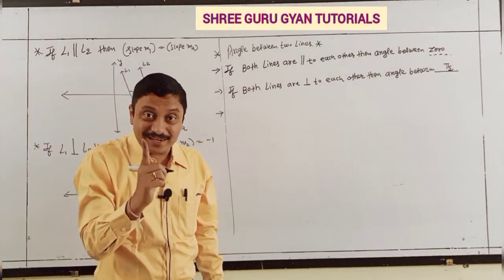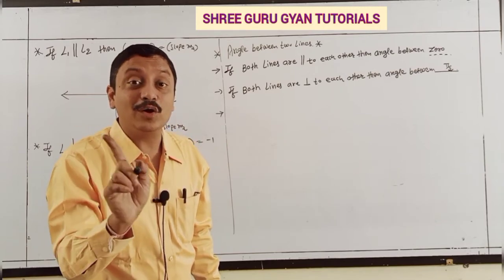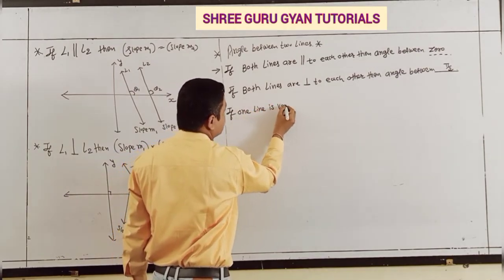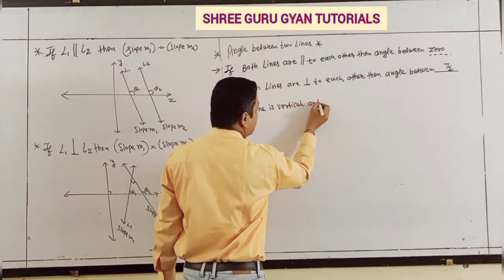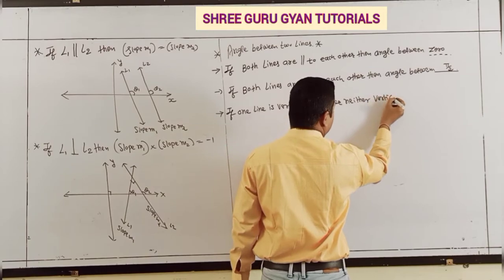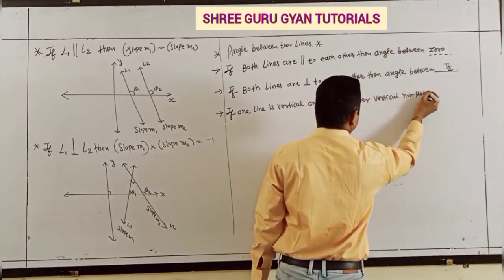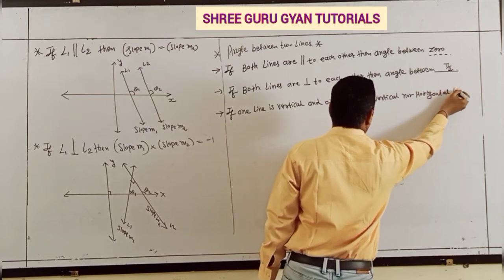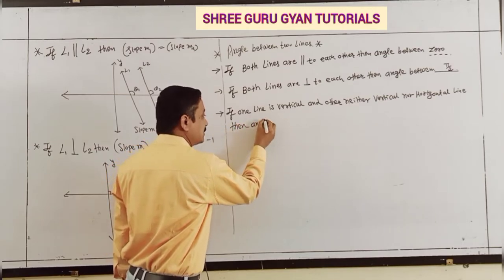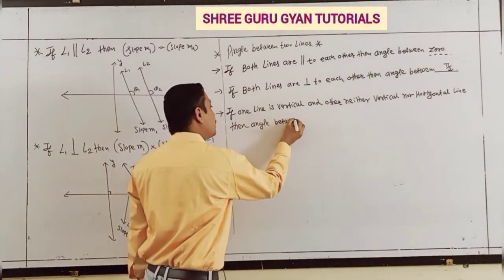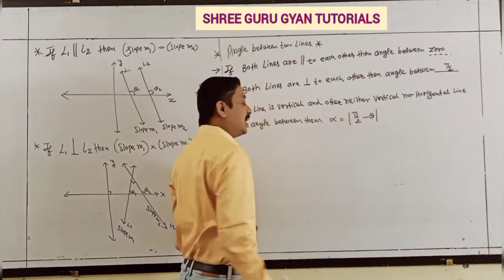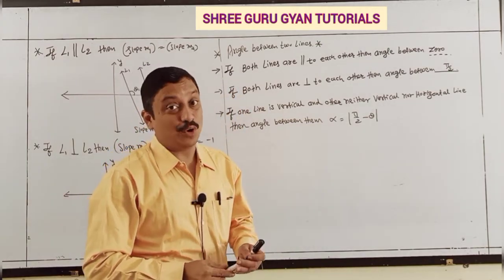If one line is vertical but the other is neither vertical nor horizontal, then the angle between them, you can remember by heart, is 90 minus theta, or theta minus 90 in modulus.